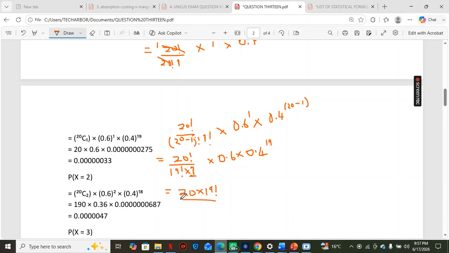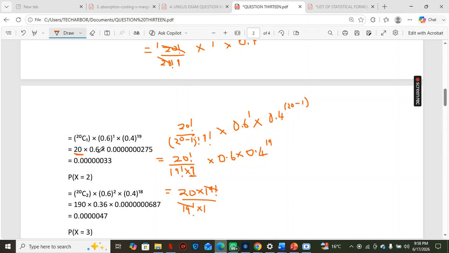Because I've got a 19 factorial down here, so I know I can cancel them out. This 1 is insignificant, or we can still put multiplied by 1 here. These 19 factorials will cancel each other out. That's how I've remained with a 20 here.